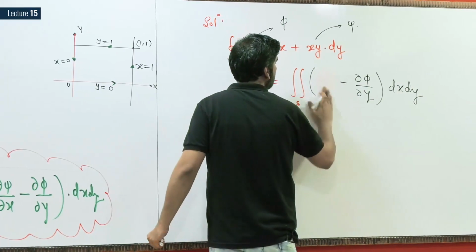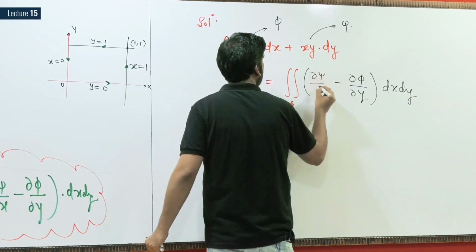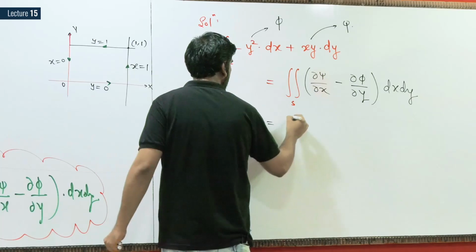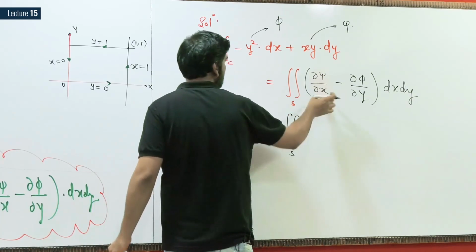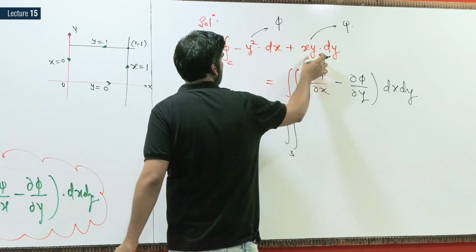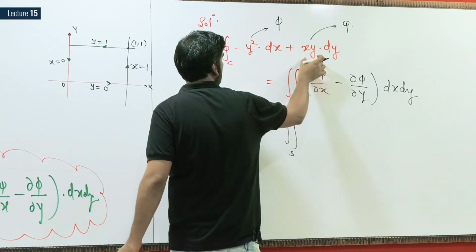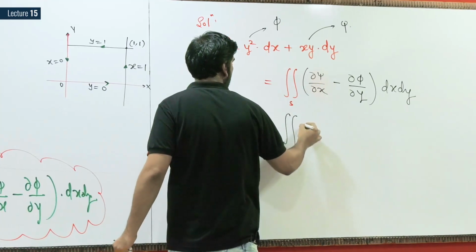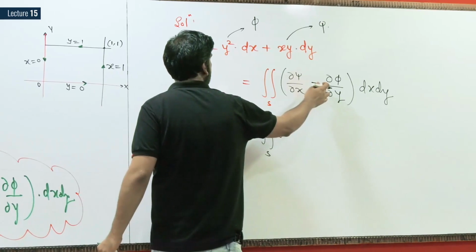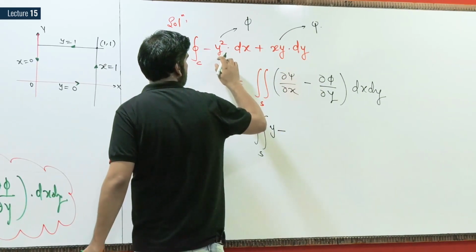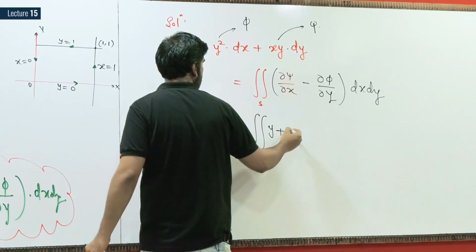Here this is phi and this is psi. Solving it, del psi by del x, differentiating with respect to x, gives y. Minus del phi by del y: minus minus plus.